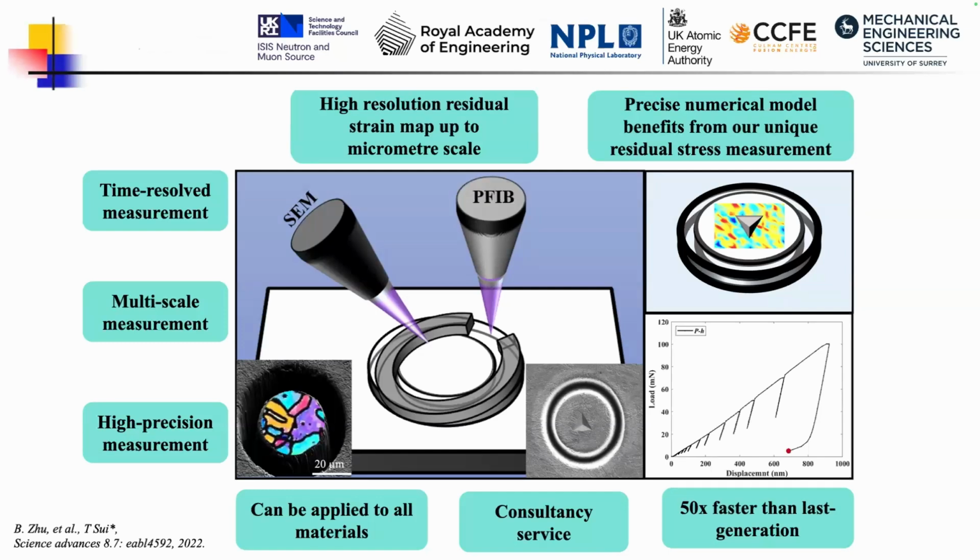At this point, this pillar can serve as a stress-free reference, and then we can apply the nano-indentation on top of the pillar. By making a comparison of the stress-free pillar with the region of interest, we will be able to apply the nano-indentation to achieve fast, large-area residual stress maps.